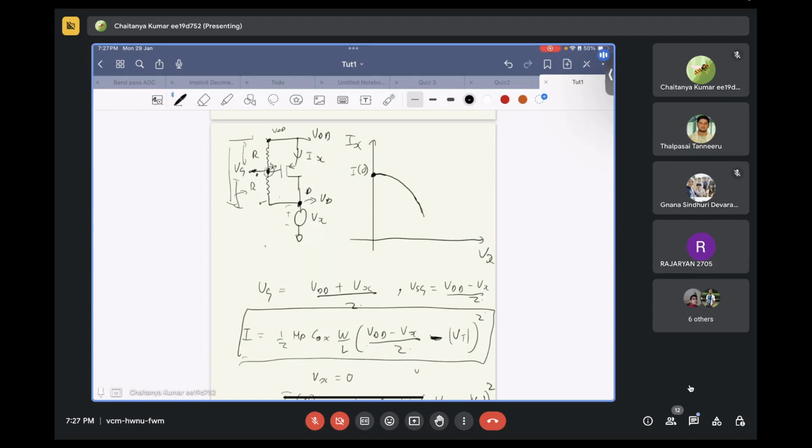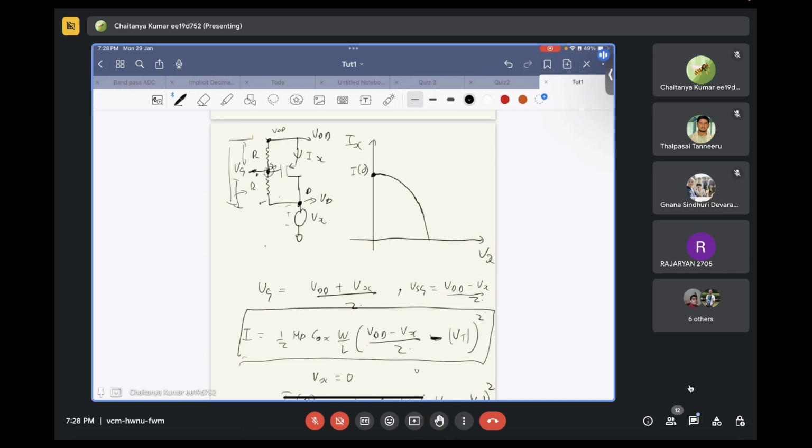Will there be any current at that point? No. Why? Because it would be off. Sir, if we follow the equation of I, then there should be current. Okay.